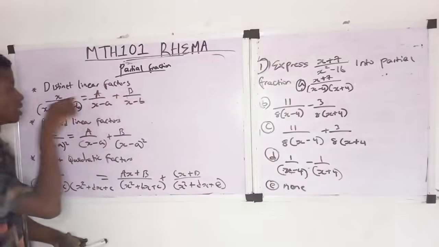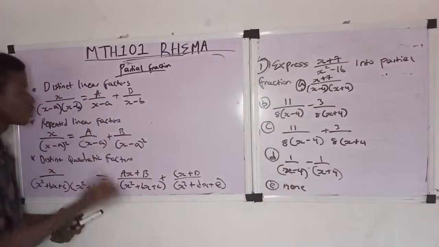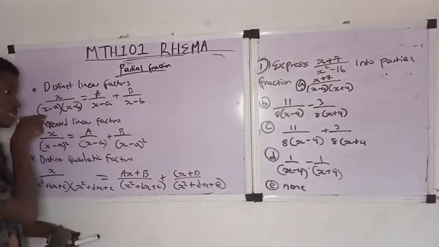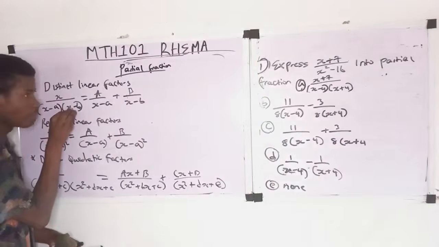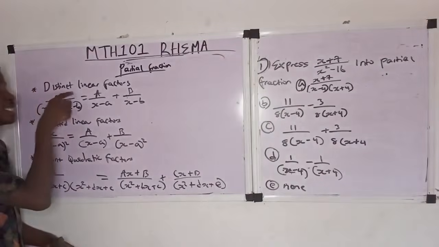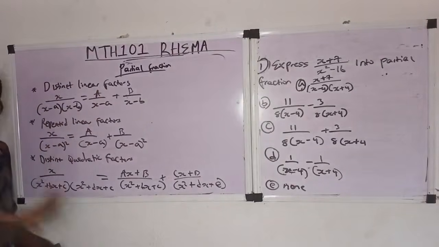Forget about the numerator. This is usually broken down into A over this denominator, then plus B over this denominator. That is when it is a linear factor, meaning s does not carry a square.